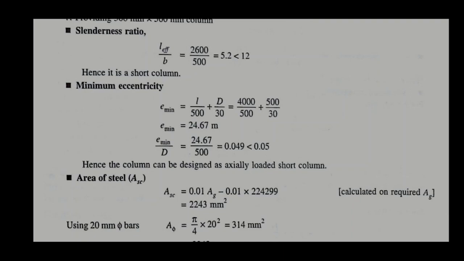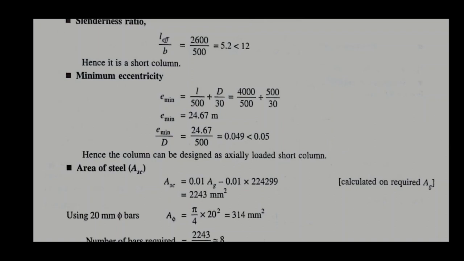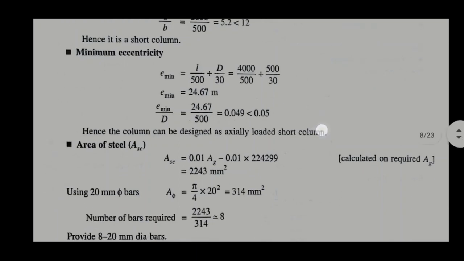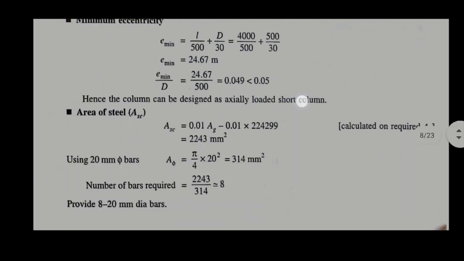So Asc is equal to 2243 mm square. Now using 20 mm dia bars, the cross sectional area of one bar is pi by 4 into 20 square, that is equal to 314 mm square. Now number of bars required is equal to area of steel by cross sectional area of one bar, that is equal to 8. So we will provide 8 numbers of 20 mm dia bars.